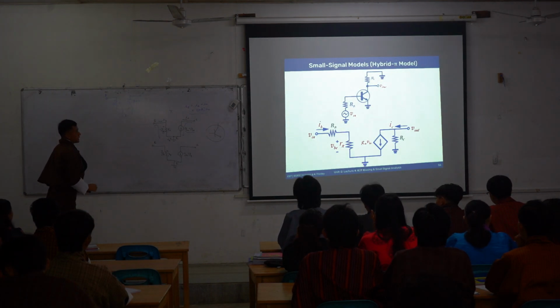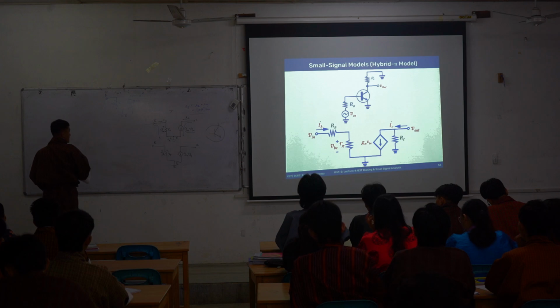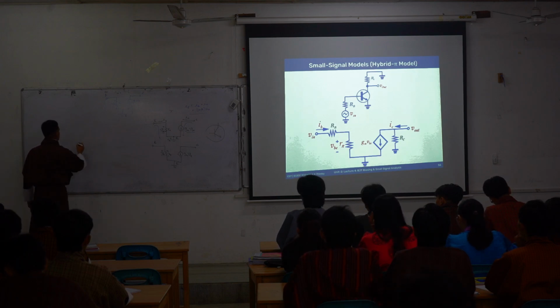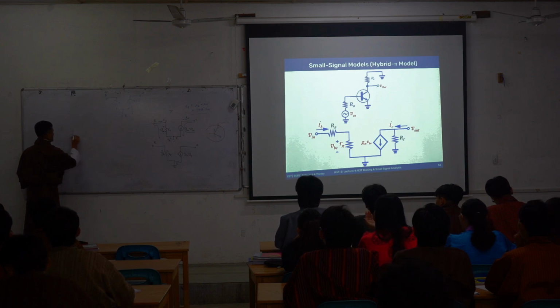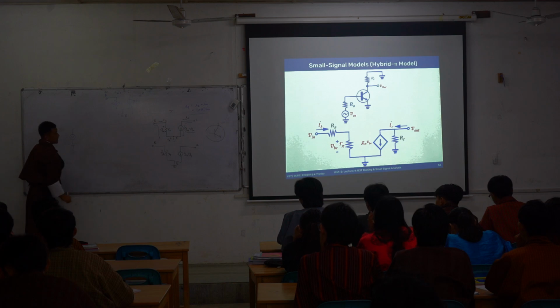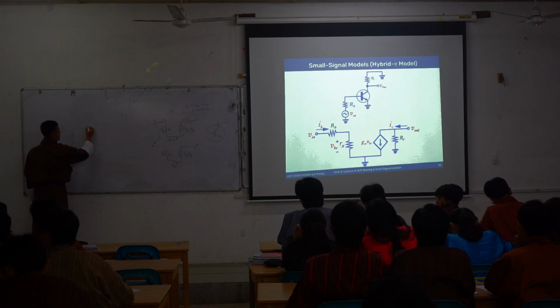So this circuit I can also represent with this one, right? Before application of AC, this circuit would be similar to this one. There is an AC source, then there should be a DC source, then it will go to ground, then it will go to your actual transistor.